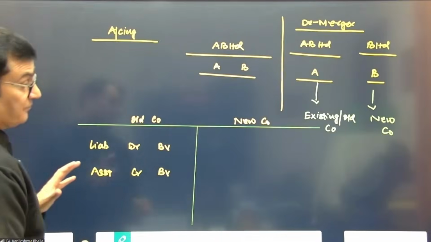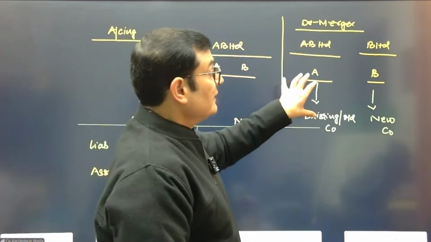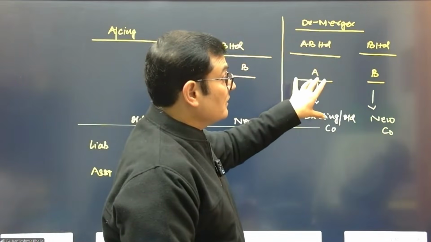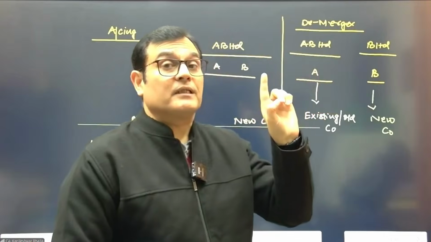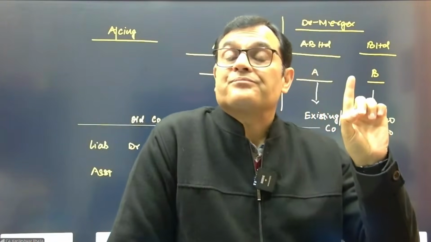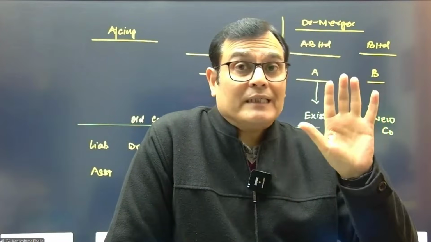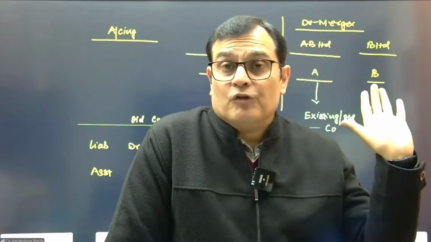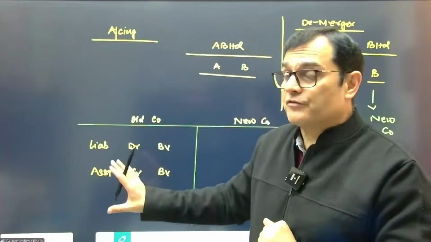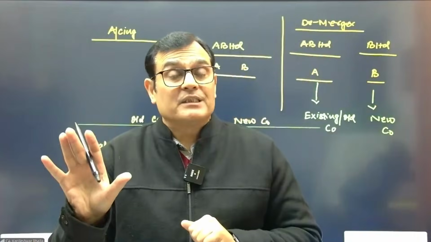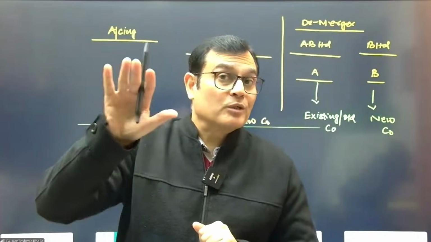And since AB Limited is not receiving anything from B, because B Limited will give the consideration to the shareholders of AB, AB company does not get anything. He will not say that he is going to get shares from B.